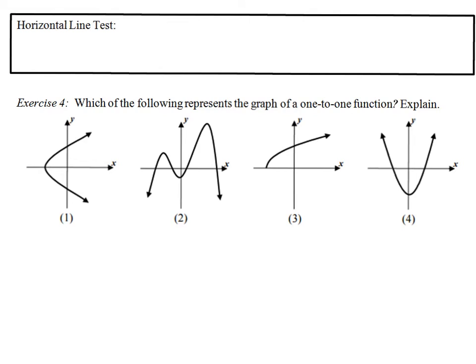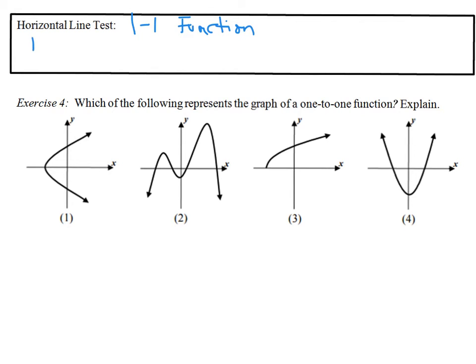So we also have a test that's going to tell us if a graph is a one-to-one function. Remember that the vertical line test tells us whether we have a function. The horizontal line test is going to tell us if we have a one-to-one function. So it works very similarly to the vertical line test.